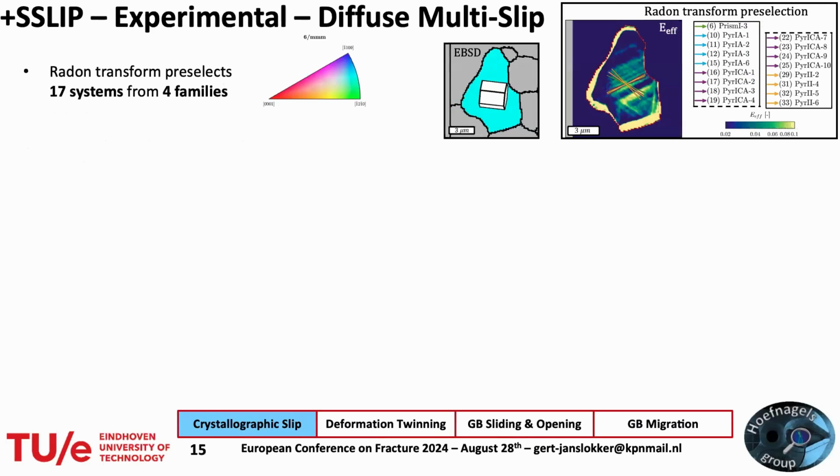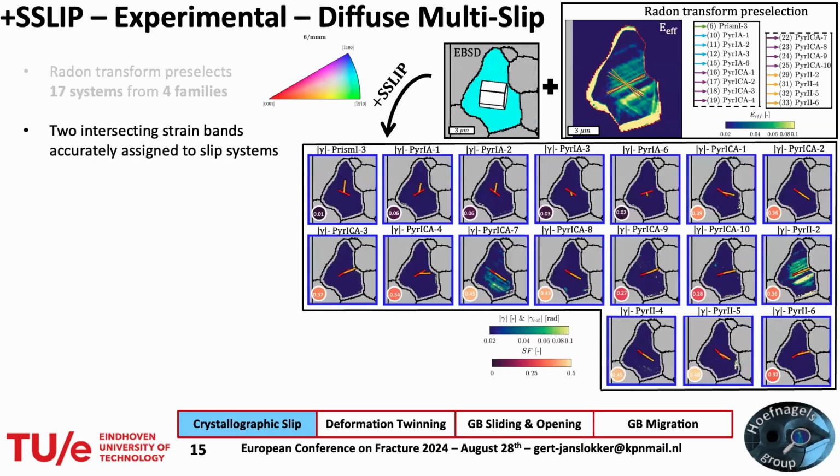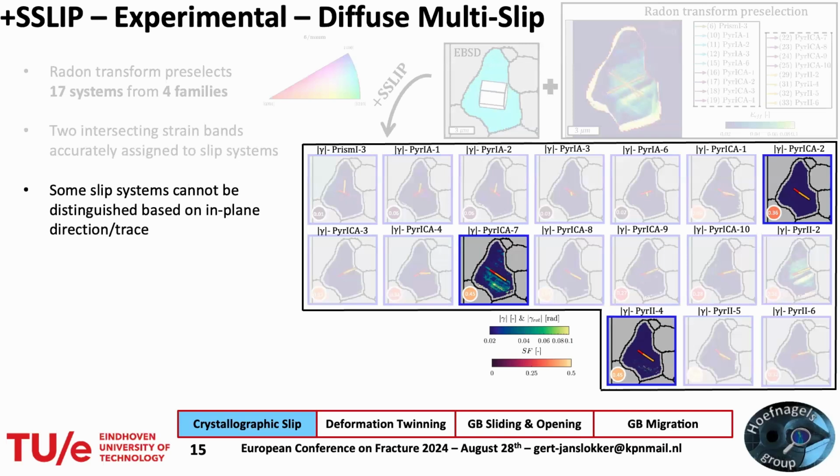Well, now the somewhat more complex case, in which we have pre-selected 7 slip systems coming from 4 different families. And now we run the plus slip method, and you only see the pre-selected ones. And now you would say, okay, pyramidal 1 CA is active and pyramidal 2. But we have to be somewhat more precise because the pyramidal 1 CA is quite identical in plane with regard to pyramidal 1 CA 2 and pyramidal 2 4, because we only have the in-plane information. So that's a pity of this method.